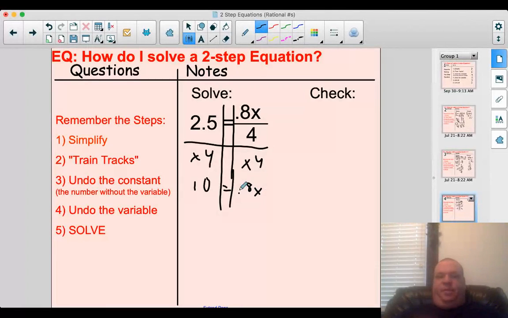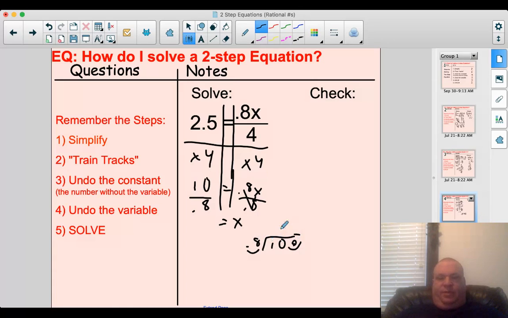Now I've got to get rid of that 0.8, as we multiplied by x, so I divide. And x equals 10 divided by 0.8. Again, I can't have a decimal out here, so I've got to move it over. I've got to move the decimal here too. This is a whole number, so I'm just going to be adding a 0. So 100 divided by 8.